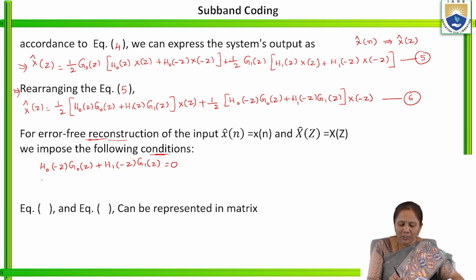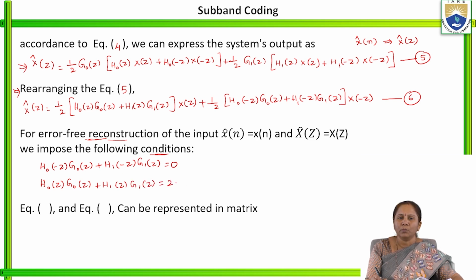And the second condition is H naught of Z into G naught of Z plus H1 of Z into G1 of Z is equal to 2. So we have to follow these conditions to make error-free reconstruction. Consider these as equation number 7 and equation number 8. So here we have two equations, 7 and 8.